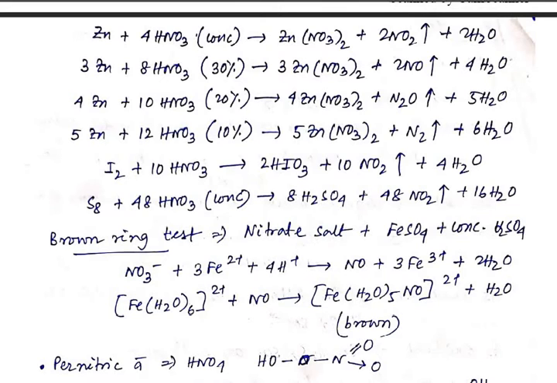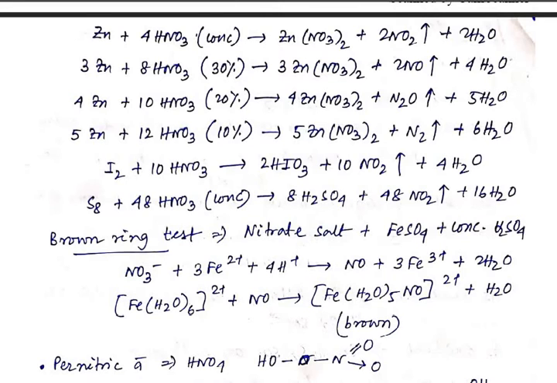After that, again, if I dilute the concentration to 10%, in that case we can observe only the nitrogen gas. Okay, so 4 different gases we can get if I use the different concentrations of the nitric acid and react with zinc.